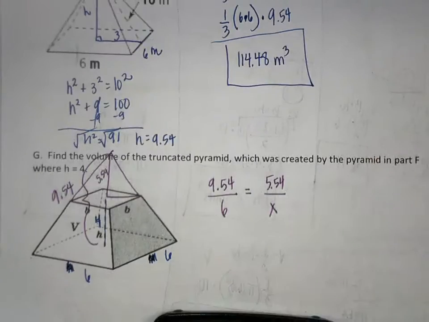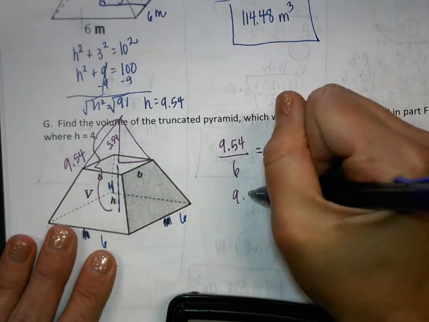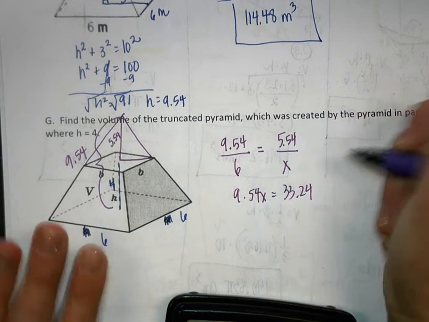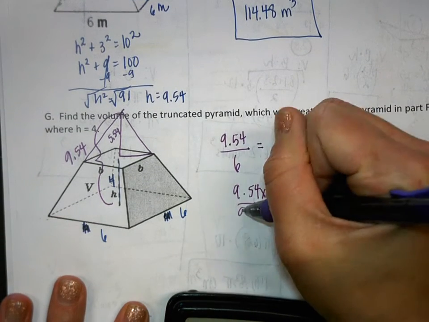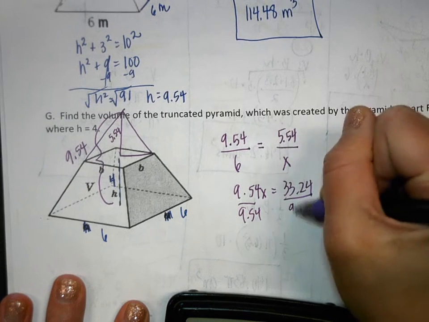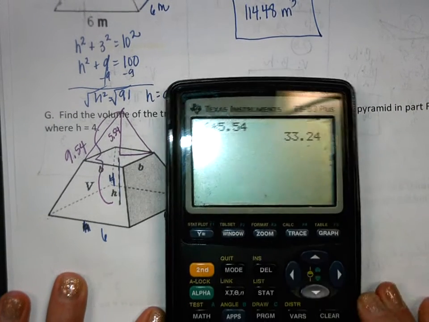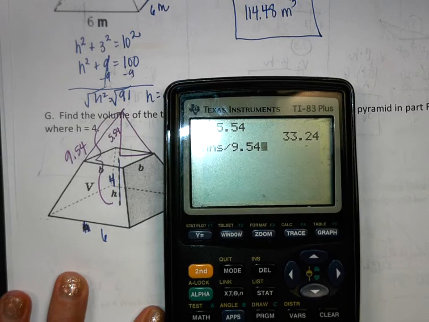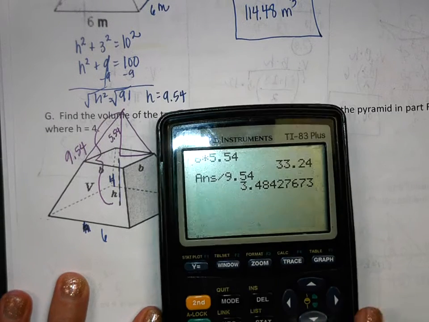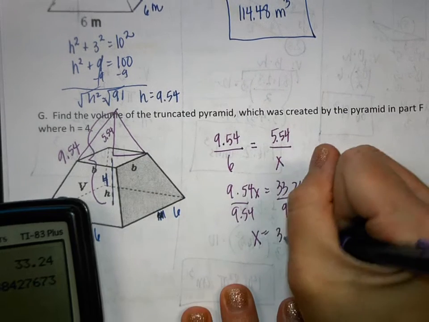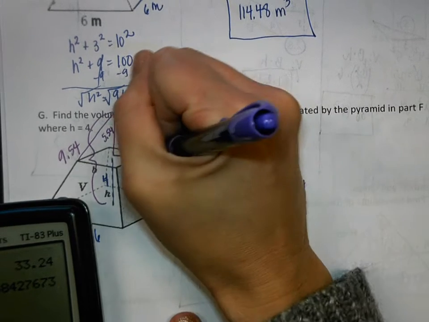So 9.54x equals 33.24. And then we would divide by 9.54 on both sides, and we get x equals 3.48427673. Okay, but we're going to round that to the nearest hundredth, so what are we going to call it? 3.48. So up here, this is 3.48.